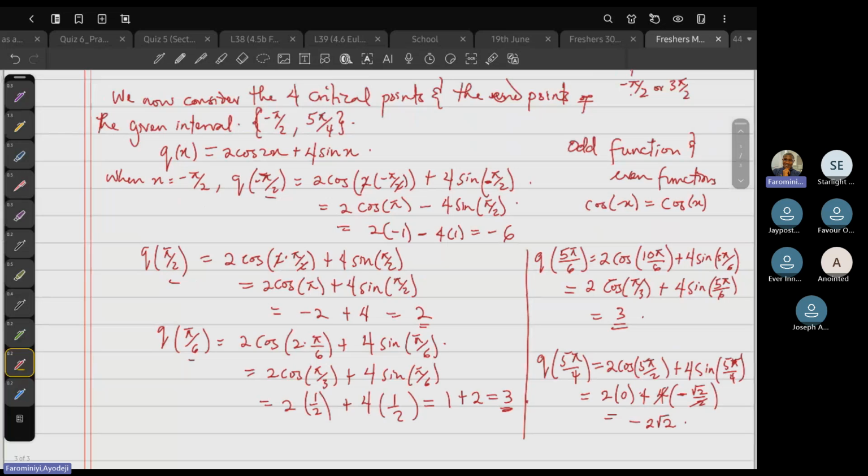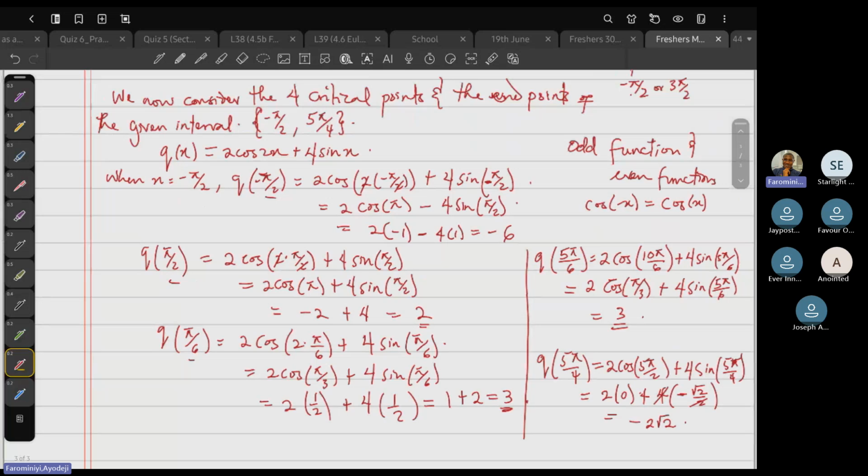Which one is the smallest one? Negative 6 is the smallest one, because square root of 2 is less than 3, so negative 2 root 2 will be greater than negative 6.